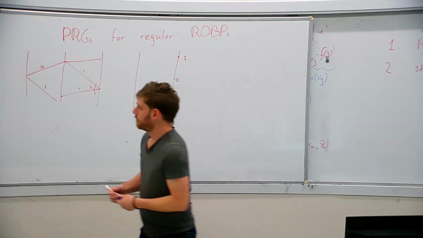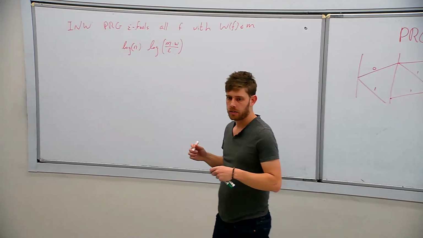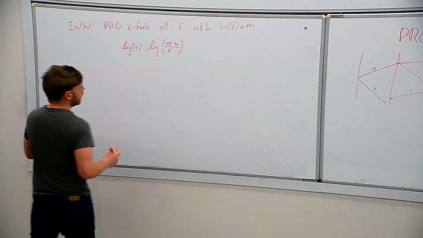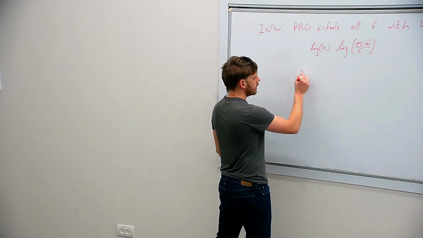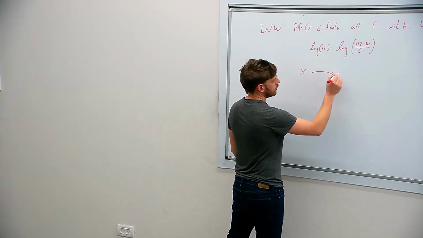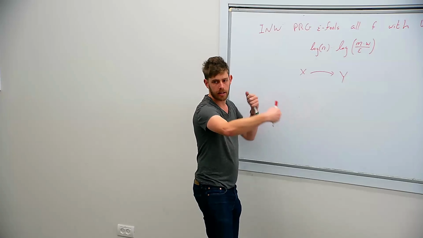Okay, so do you remember the INW generator? It's a recursive generator. You start with an X, and then you take a random step on an expander, and then you apply it again.